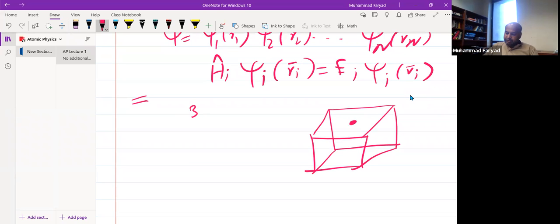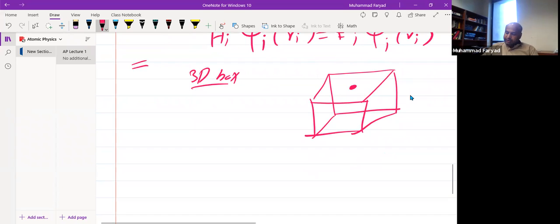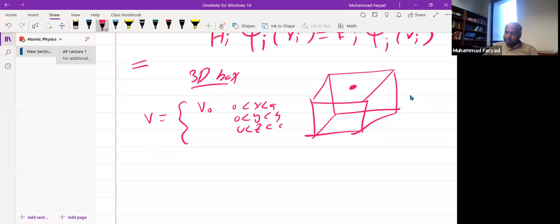So this is the 3D box, which has a potential that is zero when x is between 0 and a, y is between 0 and b, and z is between 0 and c, and it's infinite otherwise.